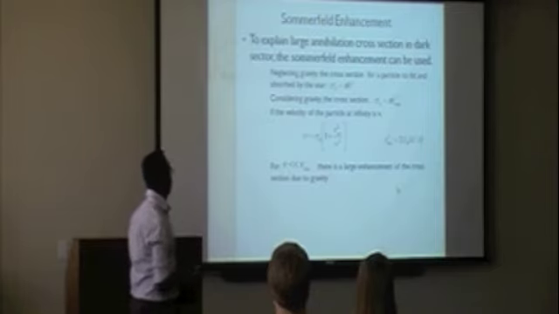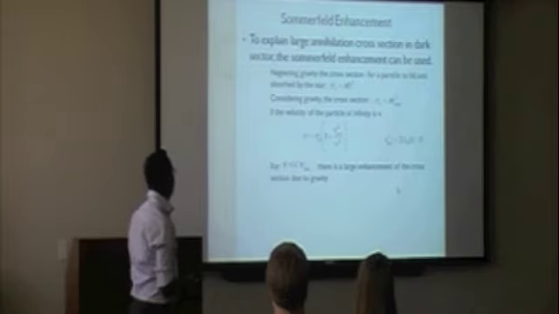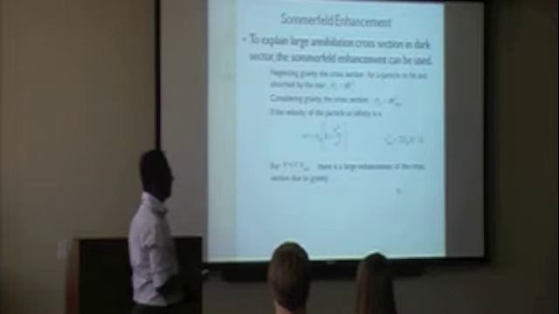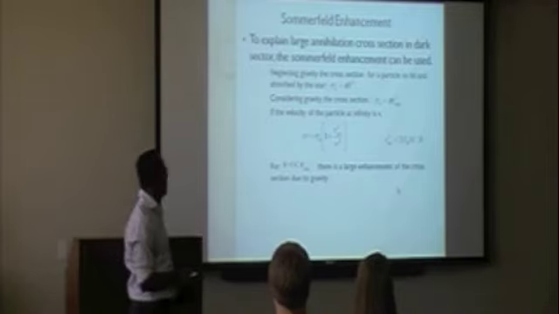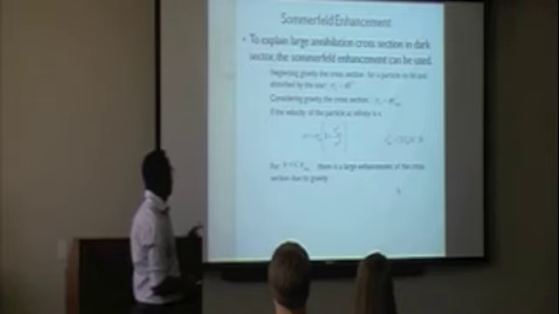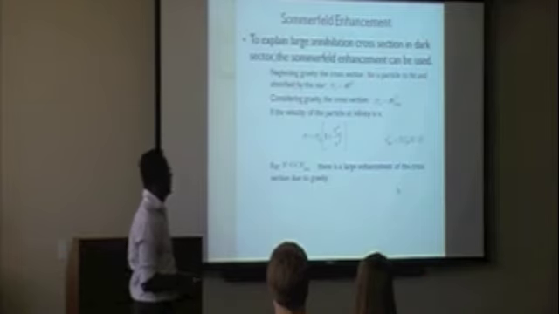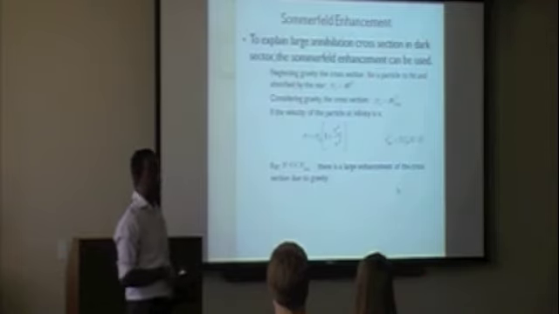Using this example, neglecting gravity, the cross section for a particle to hit and be absorbed by the star is pi r squared, where r is the radius of the star.